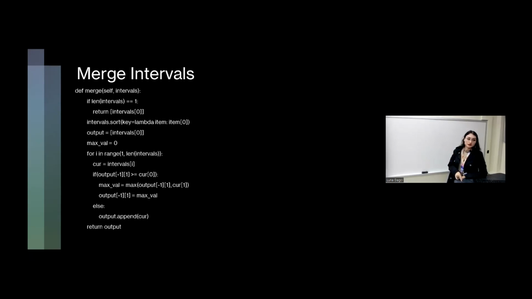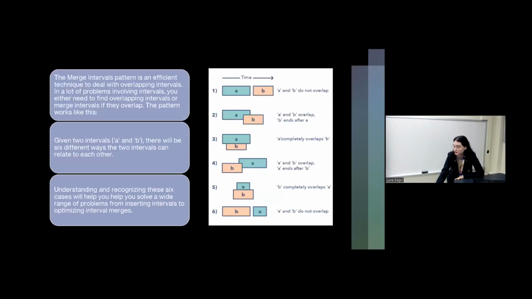Normally, to not overlap, the current should be greater, because it's coming after the output, since we sorted them. But if it's less than or equal, then that means there's an overlapping. This is a condition that we showed earlier on. So which one would it be? I think it would be condition 2. Yeah, condition 2.